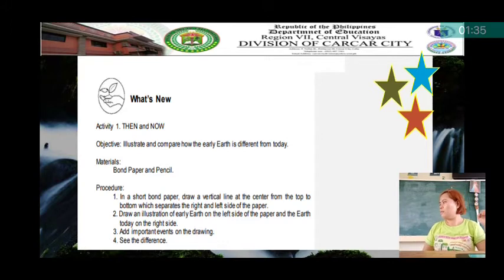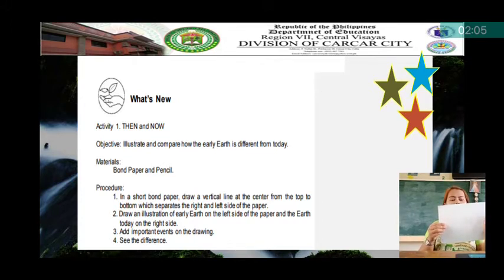Okay, so if this is the bond paper, you're going to draw a vertical line at the center, from top to bottom, which separates your right and left side of the paper.